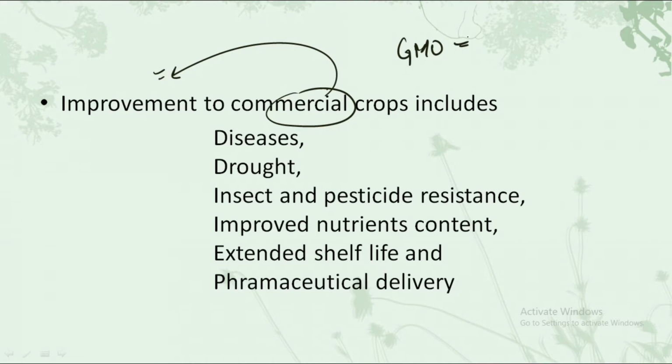The following features could be observed: more disease resistance, more drought resistance, increased insect and pest resistance, improvement in nutrient contents, extended shelf life, and in addition there could also be pharmaceutical delivery. So these are the various features that could be worked upon, and many others in addition to these, in order to provide the transgenic organisms a successful outcome.